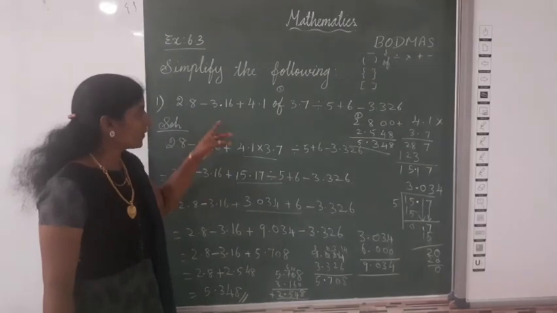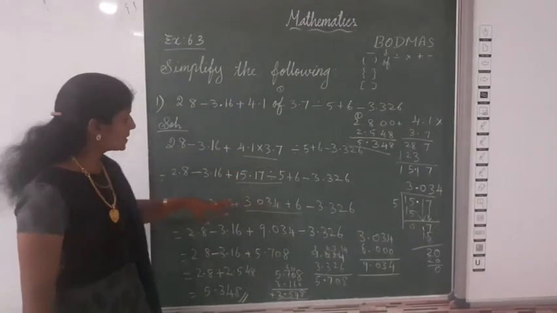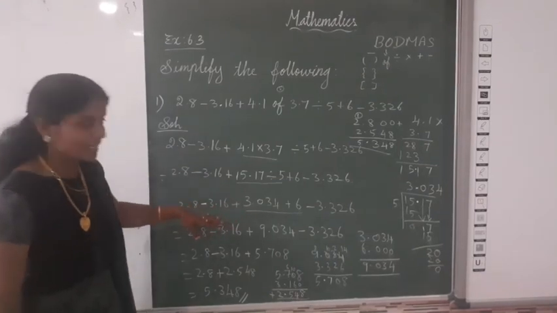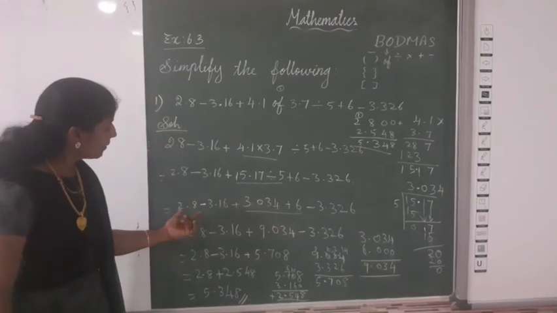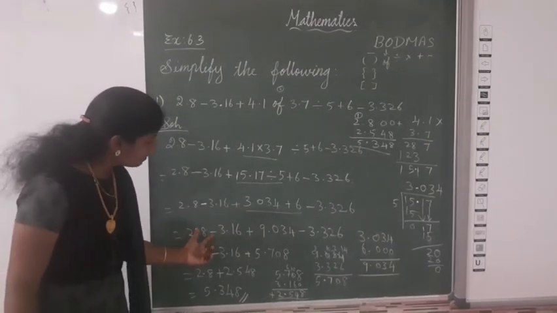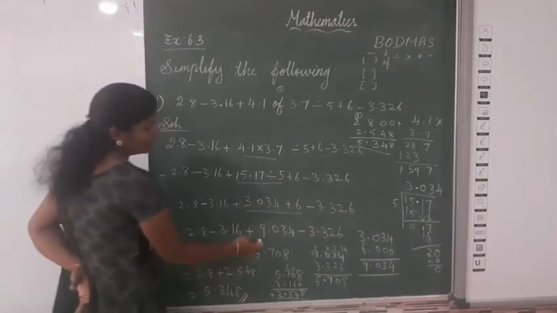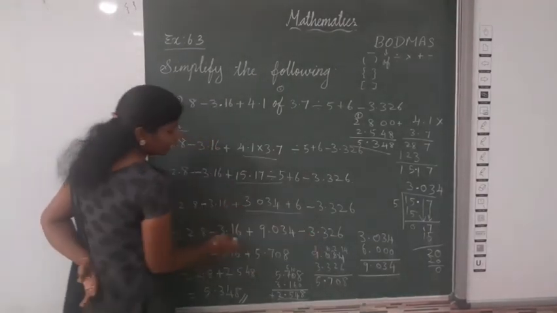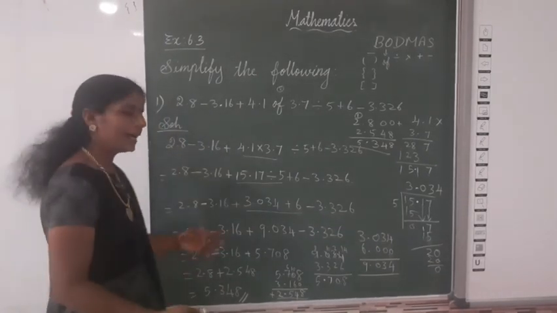First preference for of, second preference for division, then next multiplication is not here, so we can do addition. Okay, now here minus symbol, here plus, isn't it? Now we can subtract these two numbers. If you add these two means big number minus small number, we can add anyway.